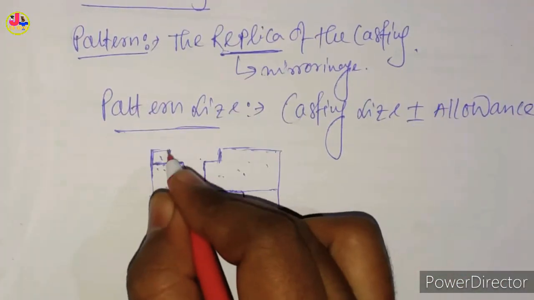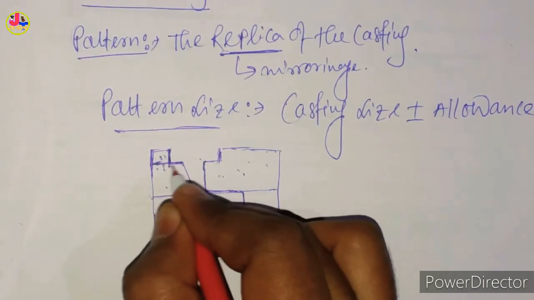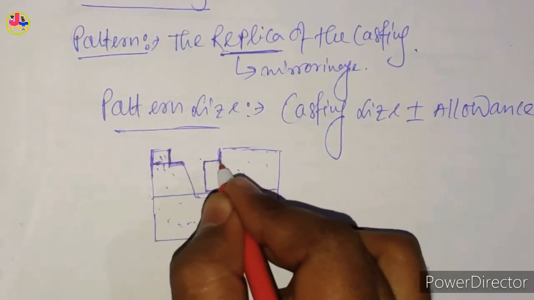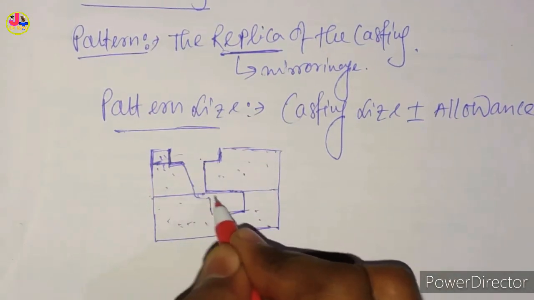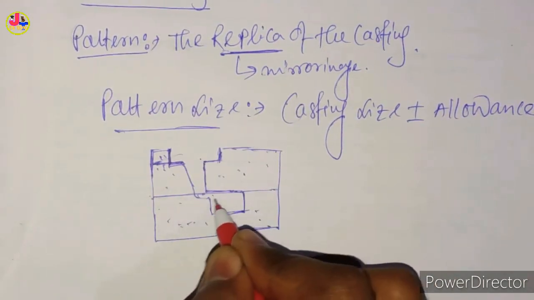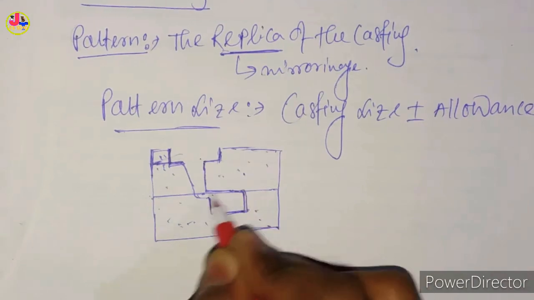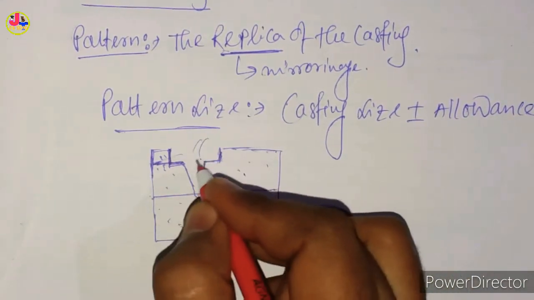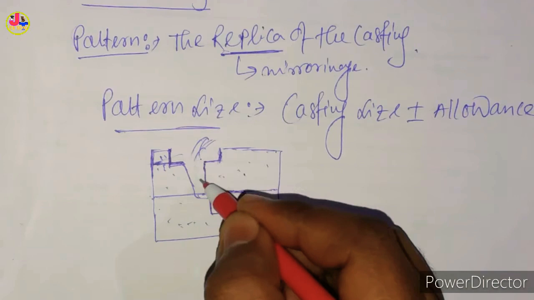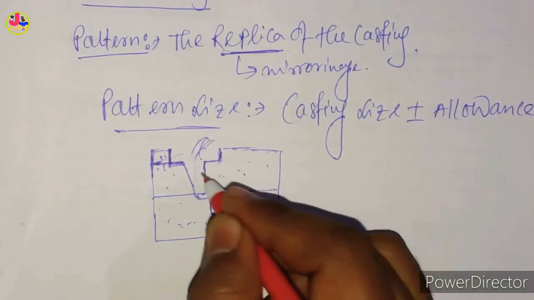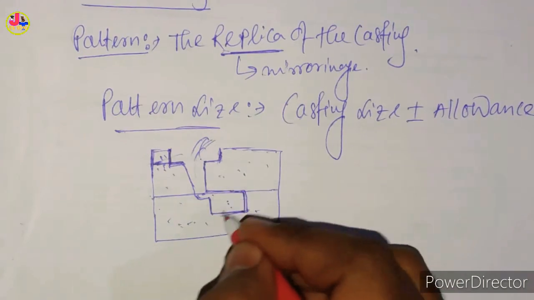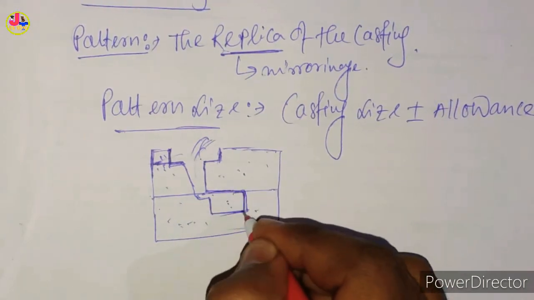This is the basin or cope. We know that this is the sprue, this is the runner, this is the ingot, and this is the mold, right? Here we pour the molten metal, then it comes to the mold cavity. After solidification of the molten metal, we get the casting.